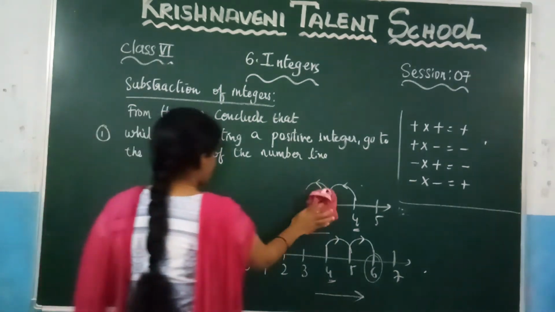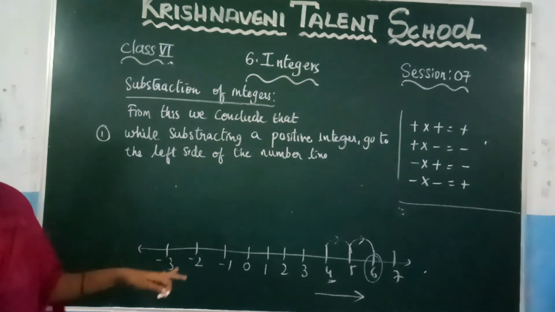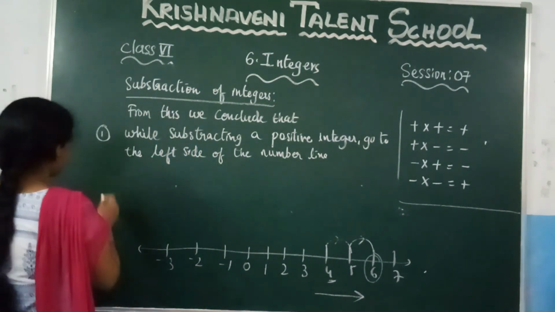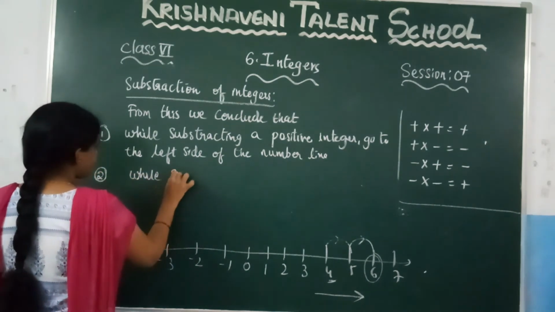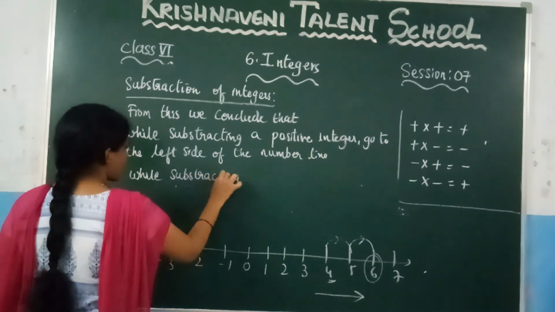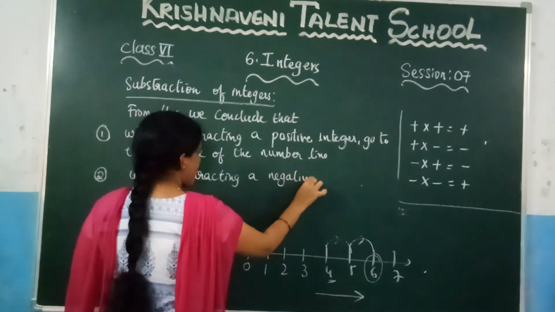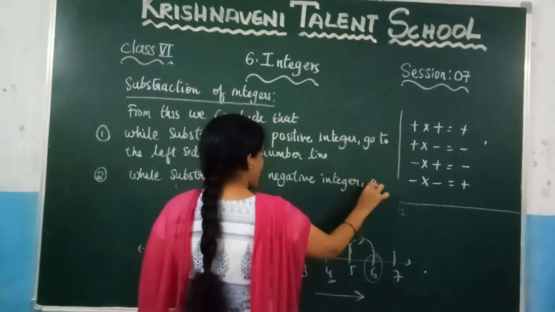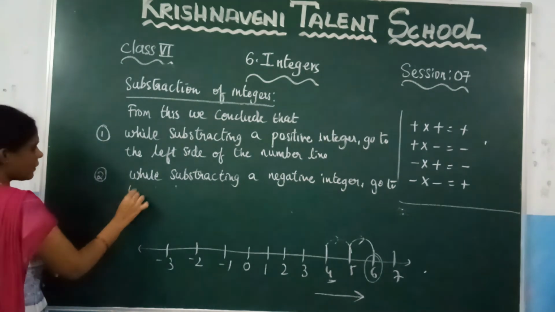Now let us go for the next one. What we have discussed is that while subtracting a negative integer, you need to go to the right side of the number line. So let us write that one: while subtracting a negative integer, go to the right side of the number line.